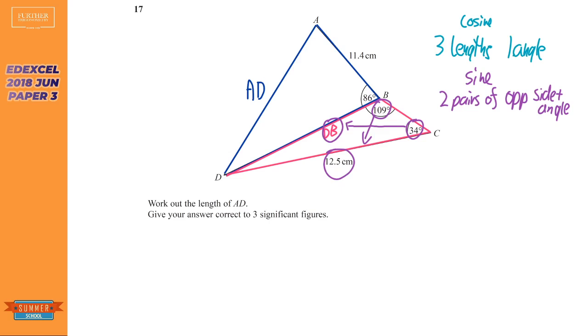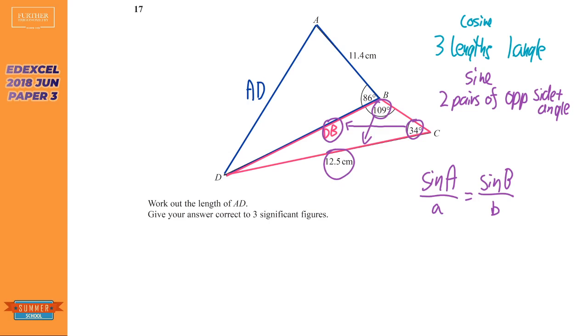The DB is unknown, which is fine because one of them can be unknown, but all the rest of them are paired up nicely. Now there's two flavours of the sine rule. There's one where you put the length on the top, and the other one you put the angles on the top. So the angles on the top look like this: sine A over A equals sine B over B. Now this is really great when the angle's unknown, so use that formula when the angle's unknown.